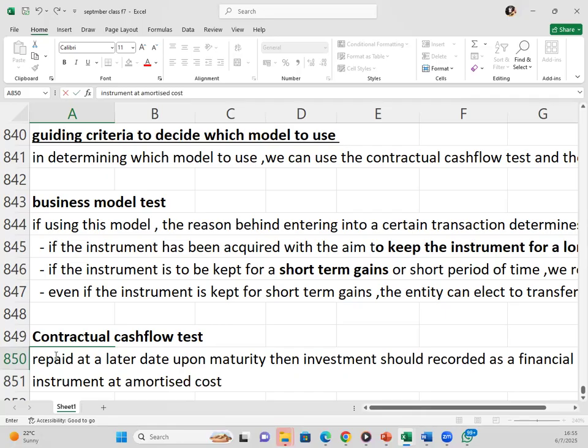So with the contractual cash flow test, we check: in this agreement, are we receiving fixed amounts as agreed, or are we paying fixed amounts? Receiving or paying fixed amounts can give rise to a financial asset at amortized cost or a financial liability at amortized cost.